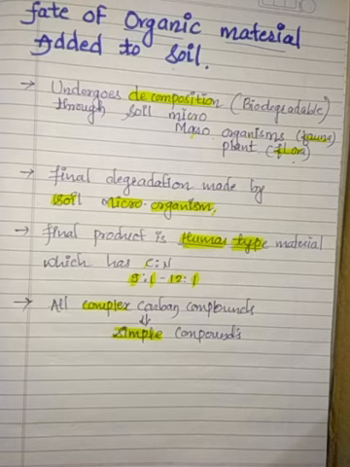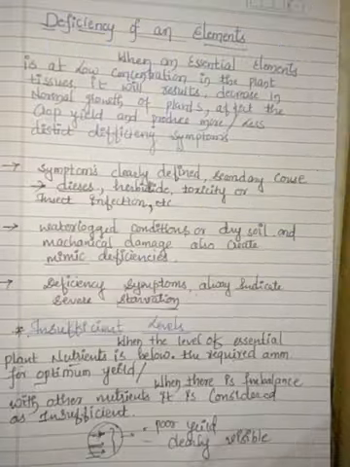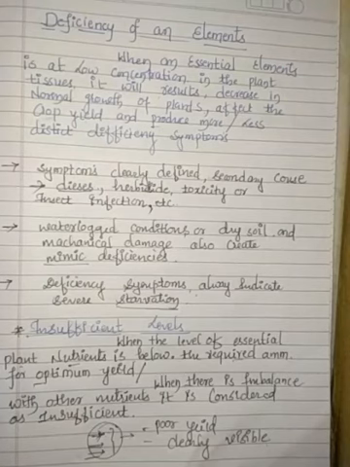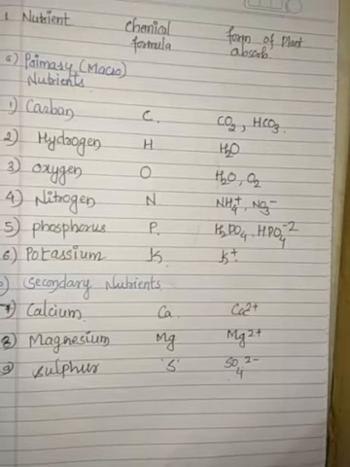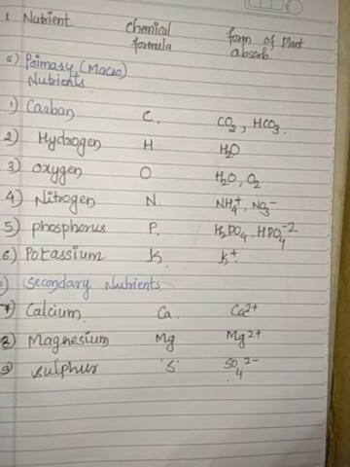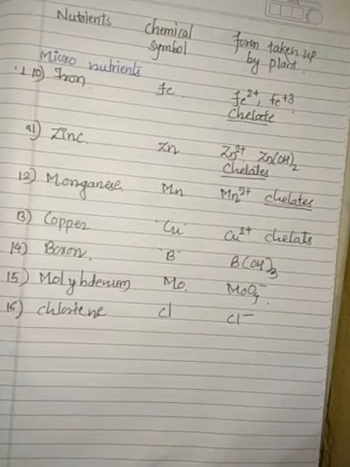Now in the next class we will deal with the nitrogen cycle, in that nitrogen fixation, conversion of nitrogen in soil and mineralization. So what have we dealt with today? Deficiency of an element, insufficient level, toxicity. Next, nutrients, their chemical formula, the form in which plants absorb them: primary nutrients, secondary nutrients, micronutrients.